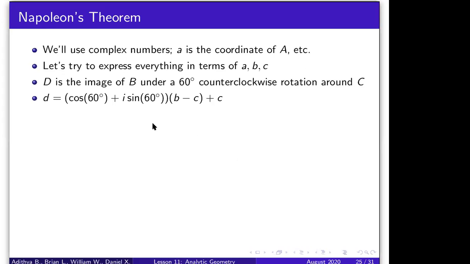That ends up looking like this. We have the cosine 60 plus i sine 60 rotation and the points getting shifted. We know cosine 60 is 1/2 and sine 60 is √3/2. So now we can get rid of the trig functions and write it like so.